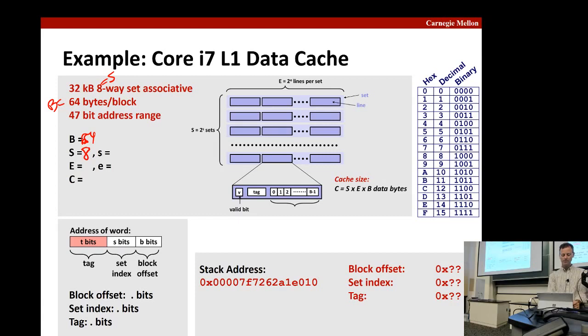Well, you have to work backwards. We said that B was 64, so that's 6 bits for the block offset, since 2 to the 6 is 64.